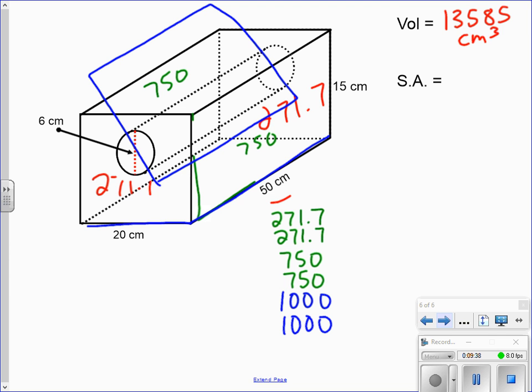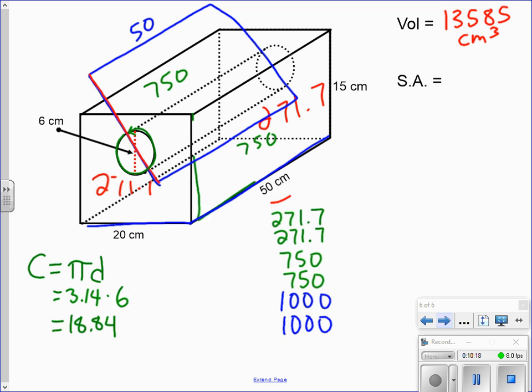We already know that the length of it is 50, but we need to find this distance across the rectangle, which is the width. And how do we find that? Remember, it's the distance around the circle. How do we find the distance around the circle? We use the formula C equals pi times the diameter. That's 3.14 times 6 centimeters. So use your calculator. 6 times 3.14, 18.84.